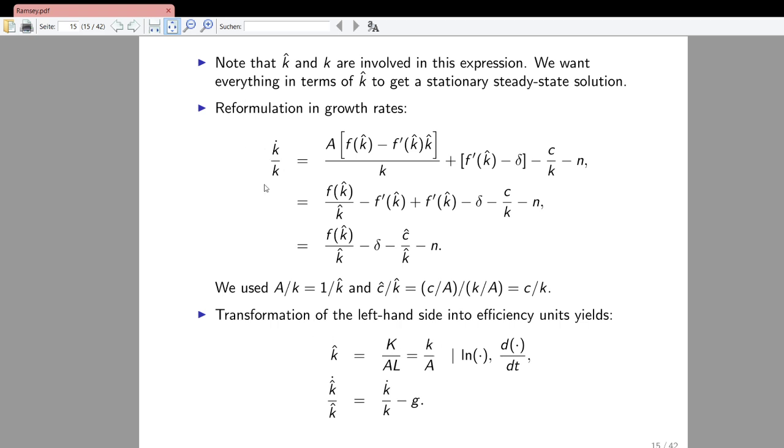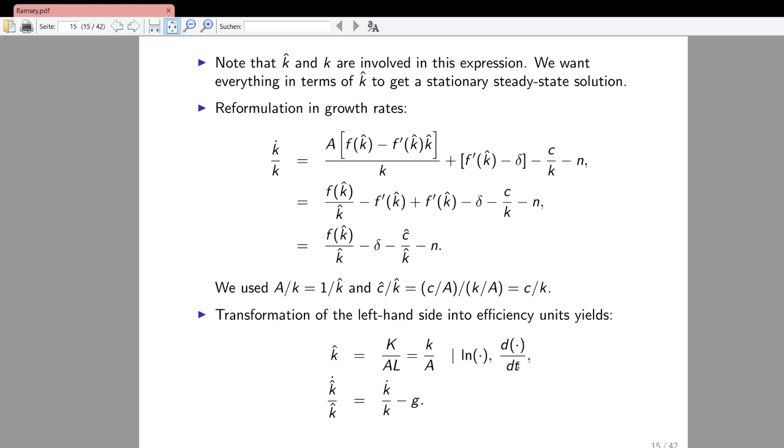Now what we still have to do is to transform the left hand side in terms of variables measured in units of effective labor. To get this, we note that capital per unit of effective labor is defined as aggregate capital divided by A times L, which is nothing else than capital per worker divided by A. Now we can derive the growth rate of capital per unit of effective labor by taking the logarithm of this expression and then taking the derivative with respect to time.